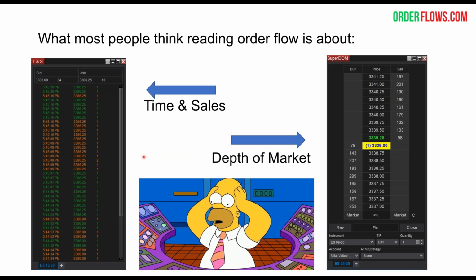And most people think that order flow is reading the time and sales or reading the dome. But to be honest, unless you've got a chip in your brain, you're not going to be able to make heads or tails out of a time and sales. The E-minis, which trade 1.5 million contracts a day, the average trade size is like 2.5 contracts, or 2 contracts. So you can imagine how fast it's moving, and you're sitting there trying to pick up something out of it.